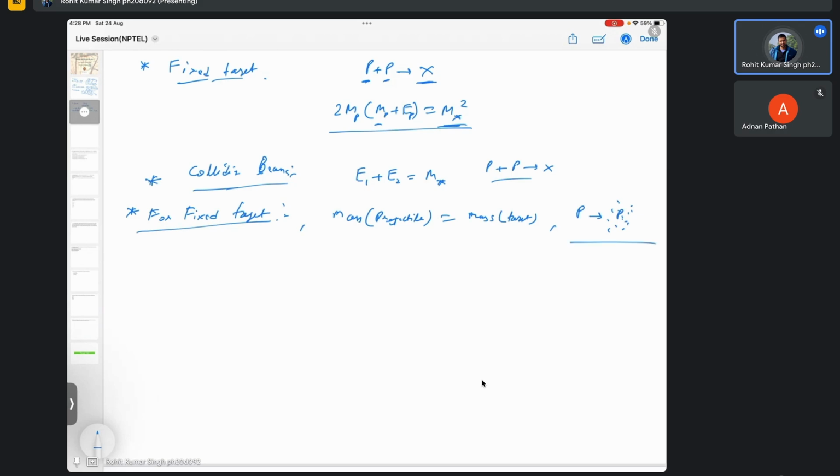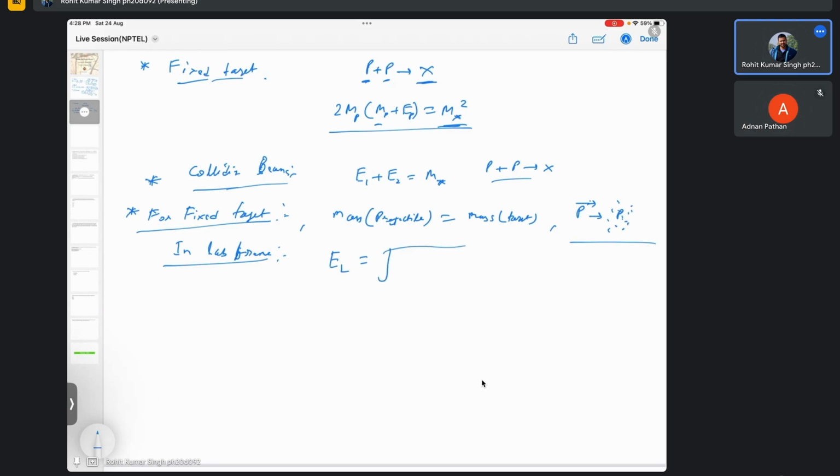Now, in the lab frame, what will be the total energy? So one proton is moving, right? The other one is stationary.